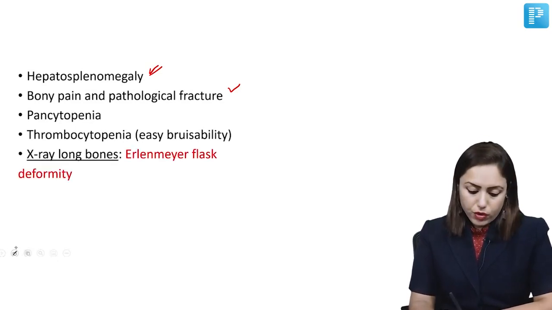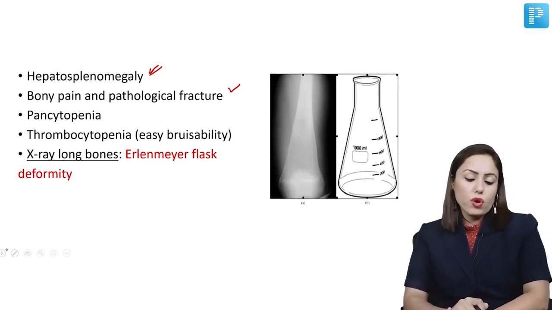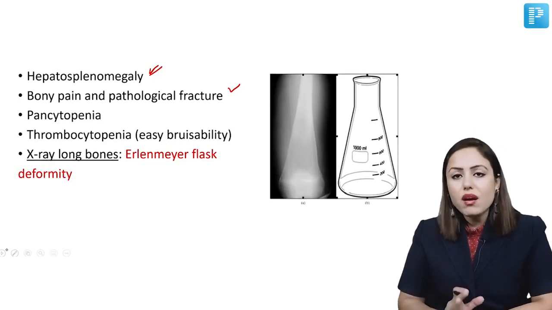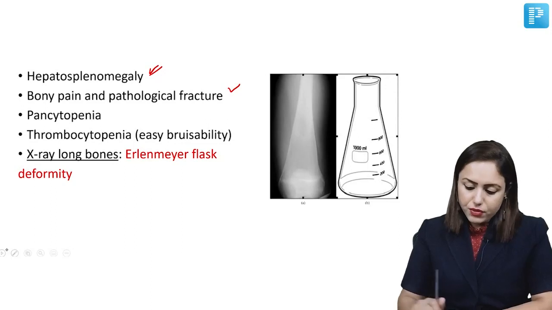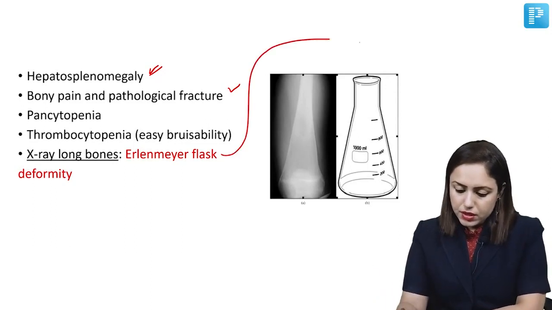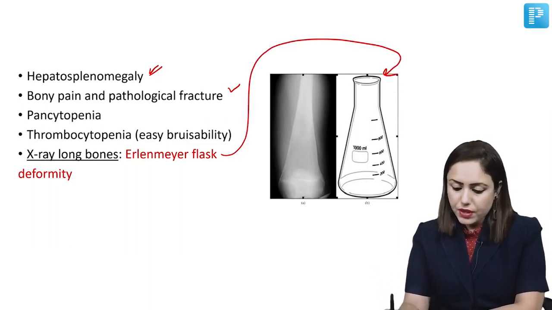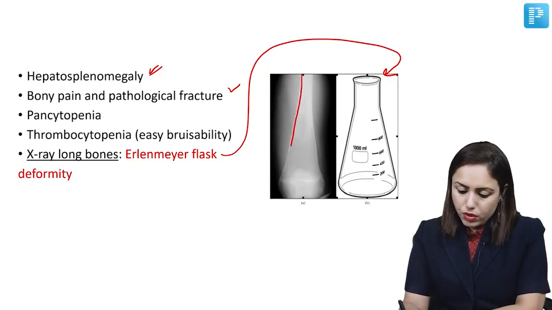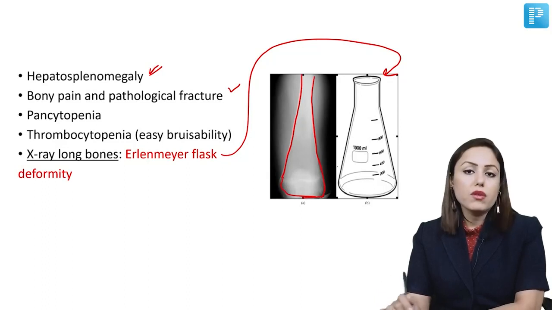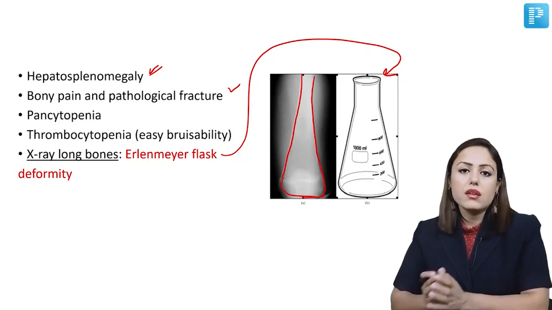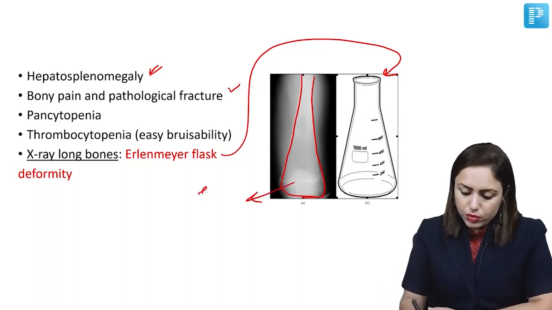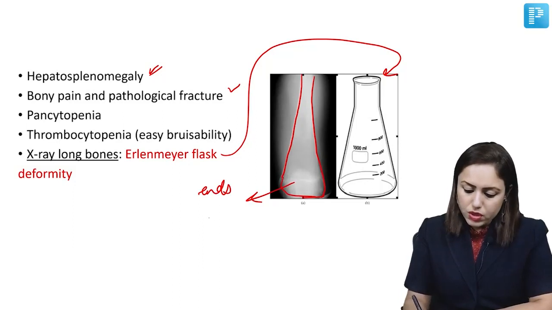Then X-ray of long bones. X-ray of long bones shows Erlenmeyer flask deformity. See, this is Erlenmeyer flask, and long bones resemble this Erlenmeyer flask because the ends of long bones are expanding and lytic, right?